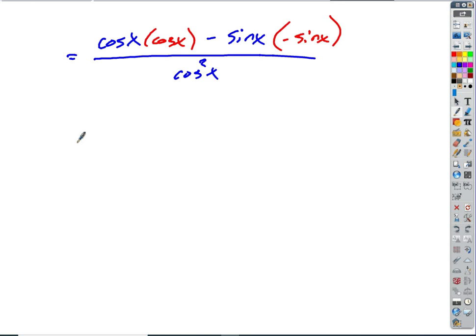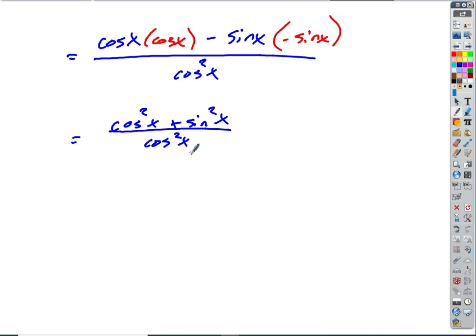So that's just going to give us cosine squared, right? What's that going to be? Okay. That looks messy, but that simplifies quite a bit. You get 1 on top. Remember, that's the Pythagorean trig identity.